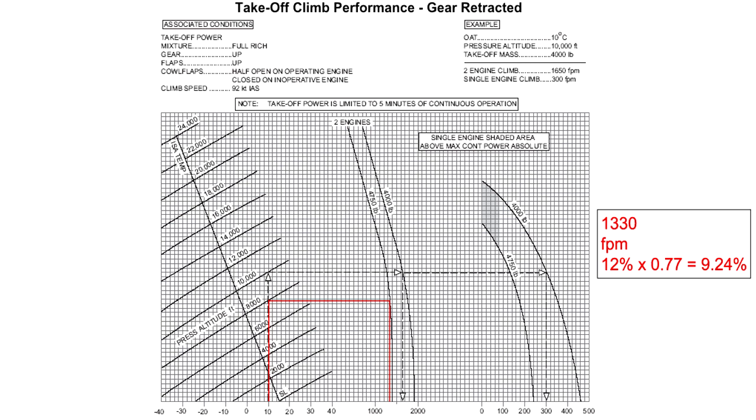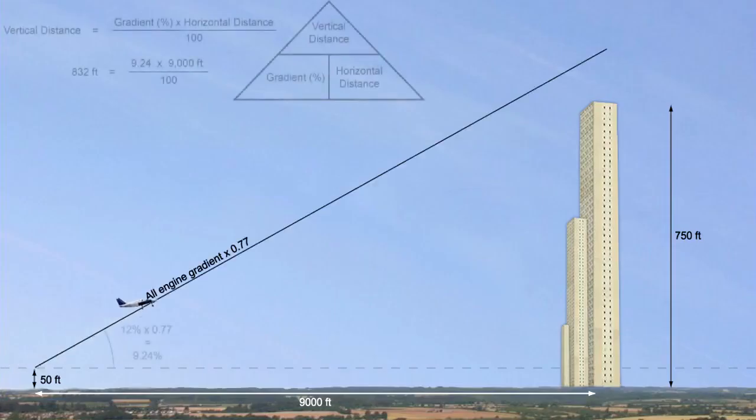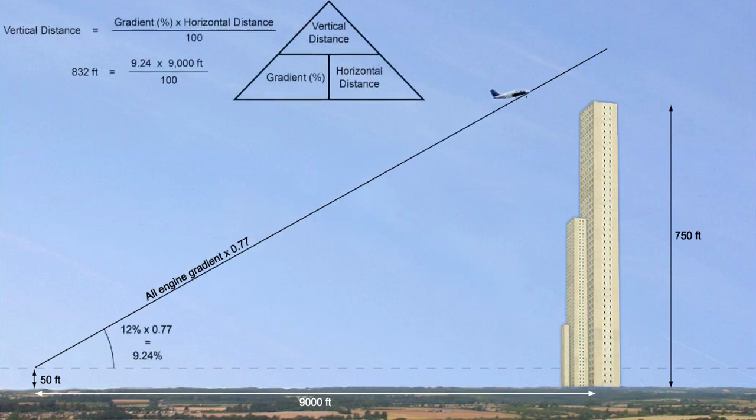But for simplicity, here we shall assume a zero wind condition. Using a climb gradient of 9.24% would mean that the aeroplane would gain a height of 832 feet in a horizontal distance of 9,000 feet. But the aeroplane's total height above the ground will be 882 feet, because the aeroplane is already at 50 feet. In this example, the aeroplane will clear the obstacle by 132 feet, which is well above the minimum clearance of 50 feet.